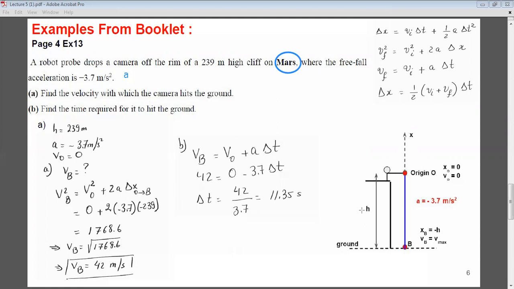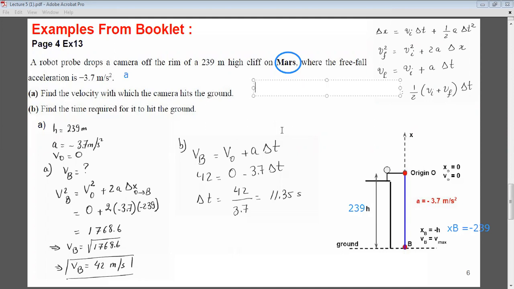The height is 239. So what do I know here? I know that H is 239. So I know that XB is minus 239, right? Find the velocity. So what do we have as given?